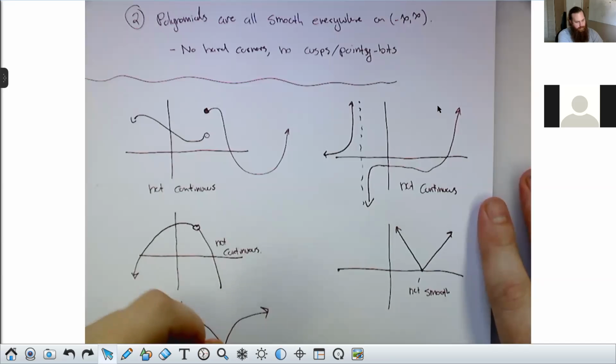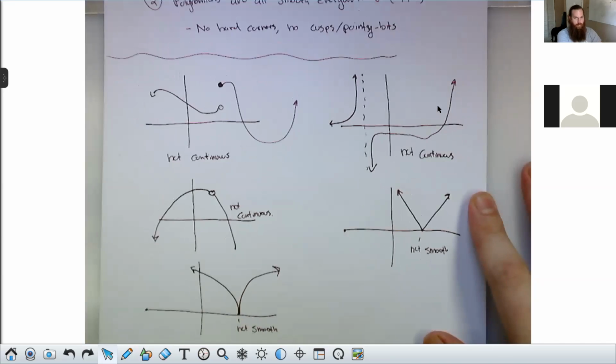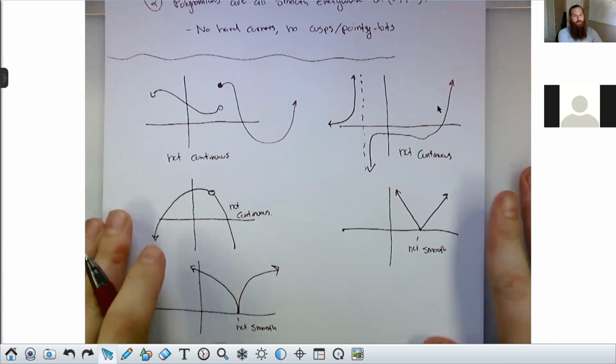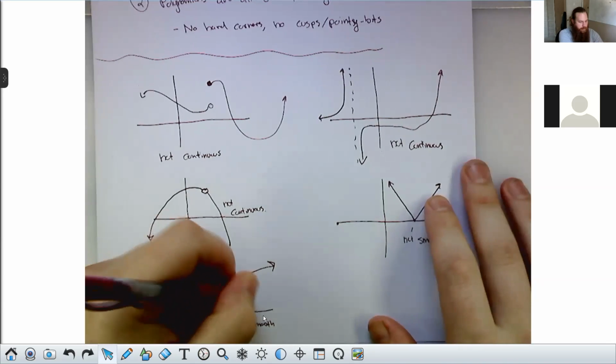This is called a cusp. Right, so none of these could be the graph of a polynomial. A cusp is a place where the graph is very pointy. So extra super not smooth, rather than just a sharp corner. This object here is called a cusp.